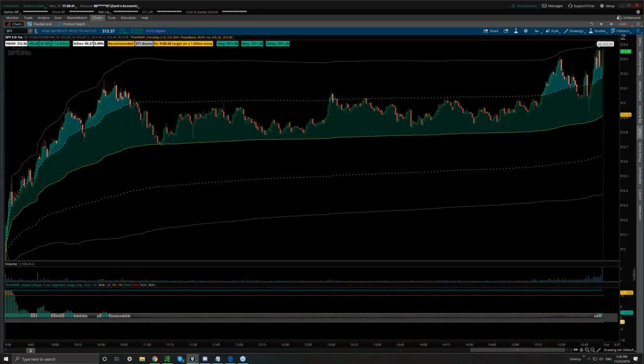Question from Chaz here. So now that the slope is essentially zero, when would you enter a position intraday? Without going too much into detail, just because I know we're on limited time, I would say that a flattening volume weighted average price is much more of a magnetic attraction to the VWAP rather than repulsion. So though we do get a bounce off the VWAP, we get close, we don't exactly touch it.